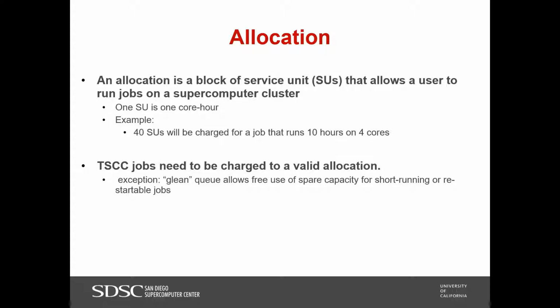You can do the math yourself when you run your job. Almost all TSCC jobs need to be charged to a valid allocation, except for jobs running in the green queue. We will introduce those queues later, but just keep in mind that you do need a valid allocation to run jobs on TSCC.